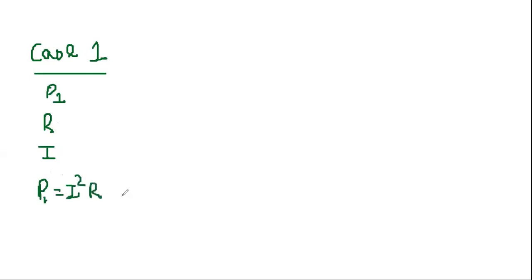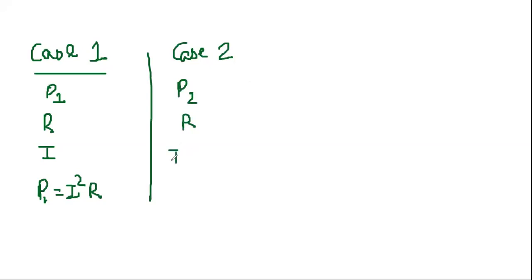Is it clear? Now what is given in the next case? Assume that the temperature remains constant. The current increases by 100%. For case 2, power becomes P2. The resistor is the same, so the value of R doesn't change.